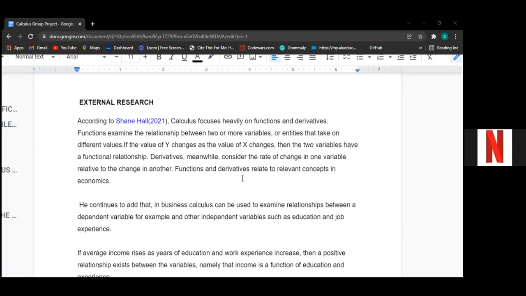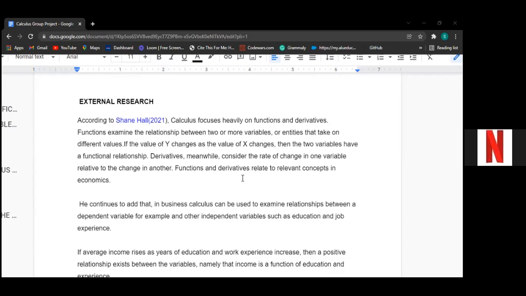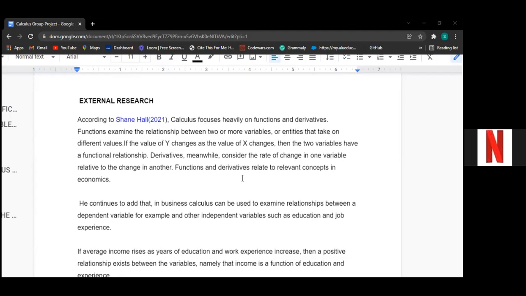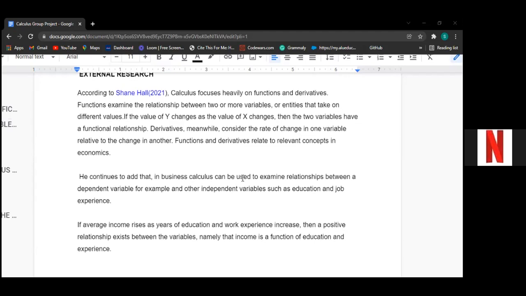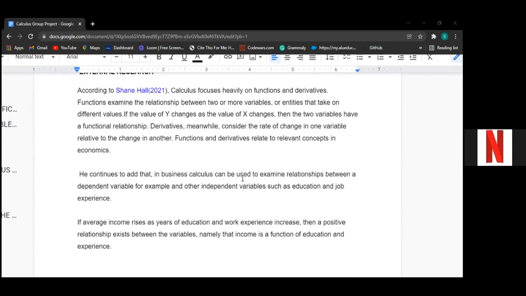So differential calculus is what we use in optimization, where we are trying to maximize the profits while minimizing the costs. And we also use derivatives where we consider the change of one variable relative to the other.